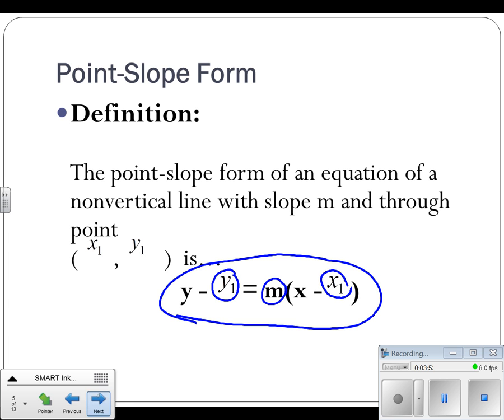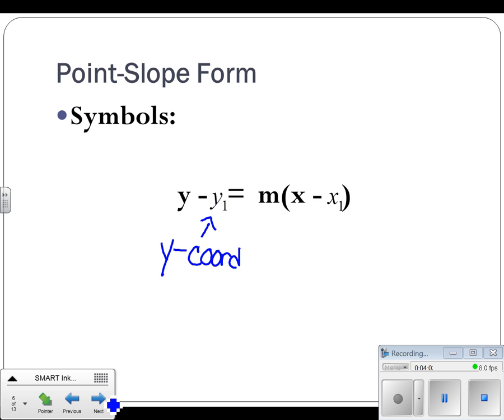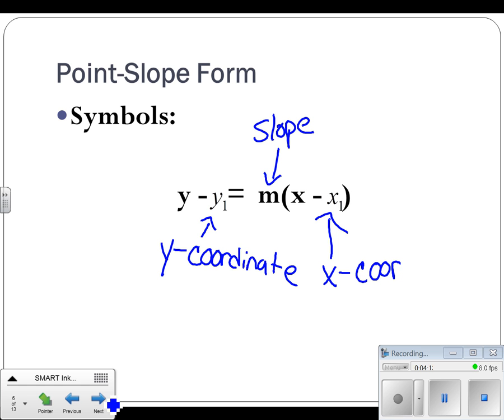So if we look here, this is going to be the y-coordinate of one of your points. This right here is your slope. And this right here is the x-coordinate from the point whose y-coordinate you used in y sub 1. So you need one point and the slope of the line to write the equation.